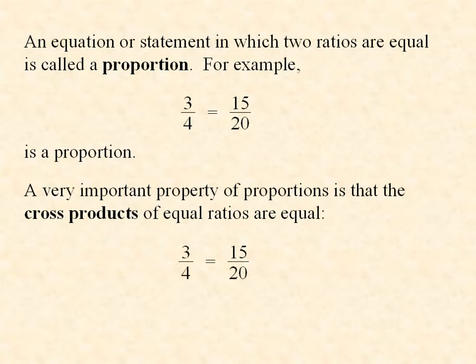Here's what we mean. If we multiply 3 times 20, we get the same result if we multiply 4 times 15. They are both equal to 60.